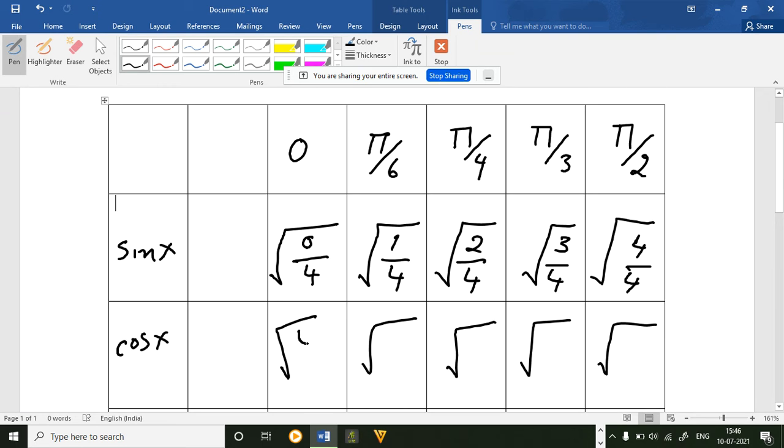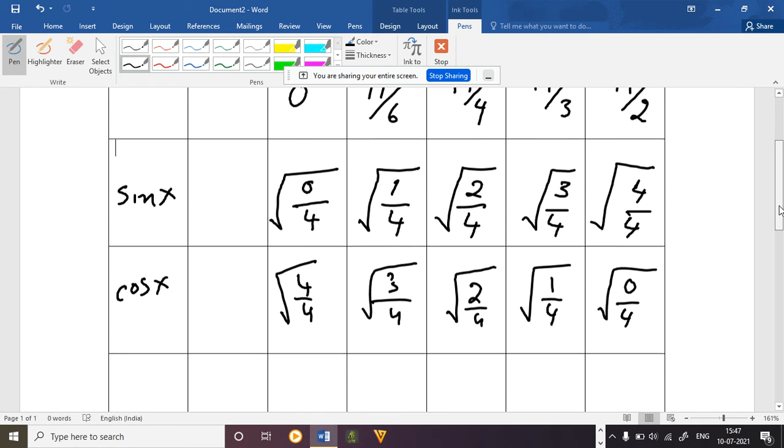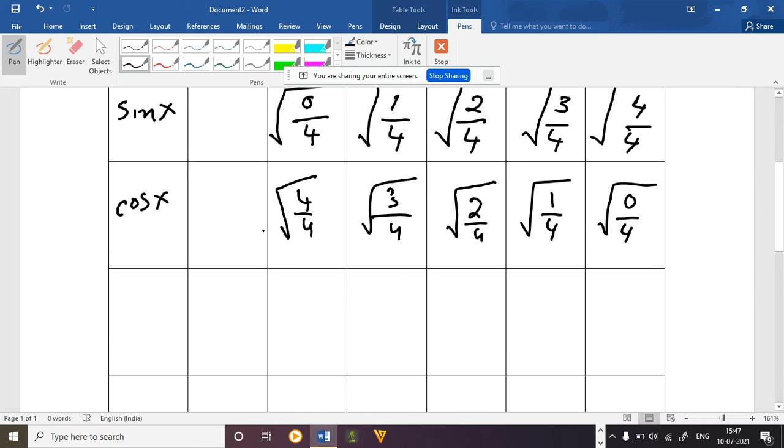So this is 4 by 4, 3 by 4, 2 by 4, 1 by 4, 0 by 4. Once these values are easily known to us, then it becomes very easy. Tan x is nothing but sin x by cos x.